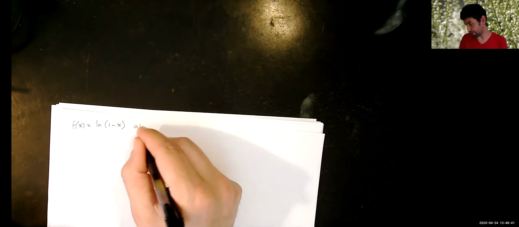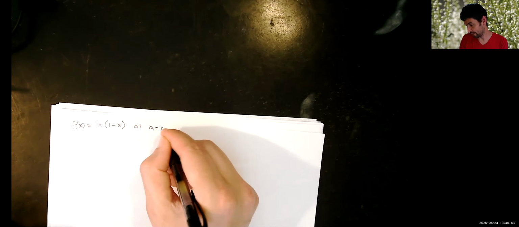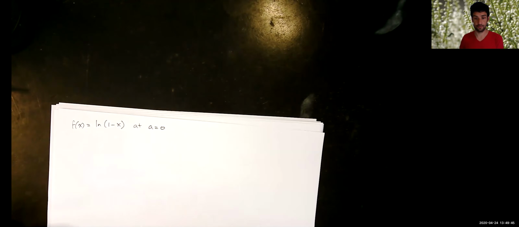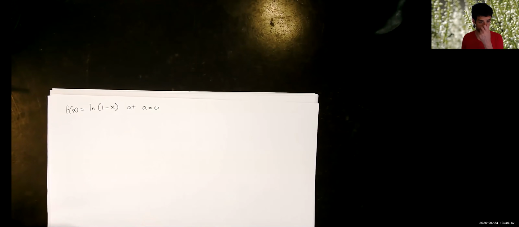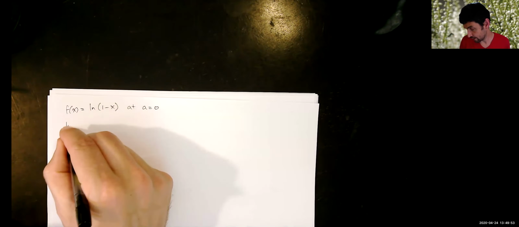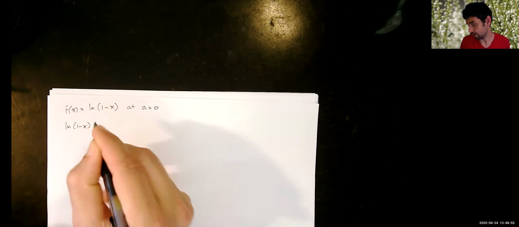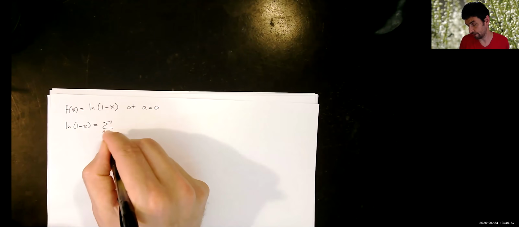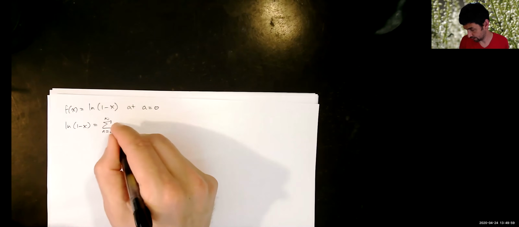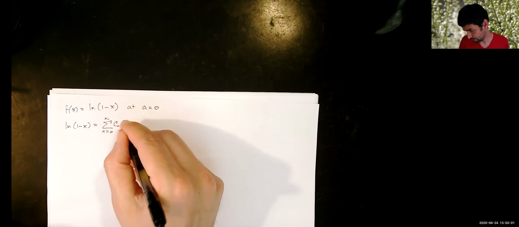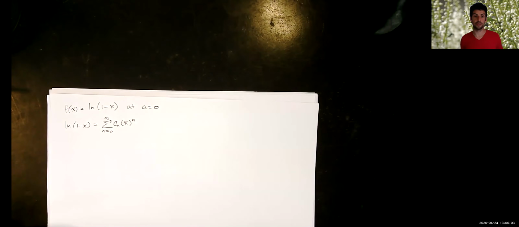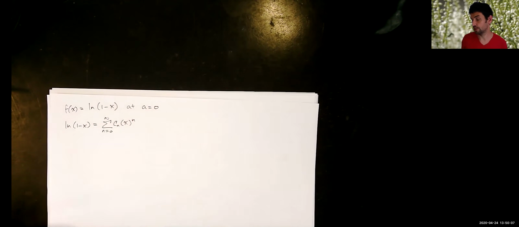And I want to compute this series at 0. Okay, we're centered at 0. Okay, in other words, I want to find a series like this, right? So that these two are equal.